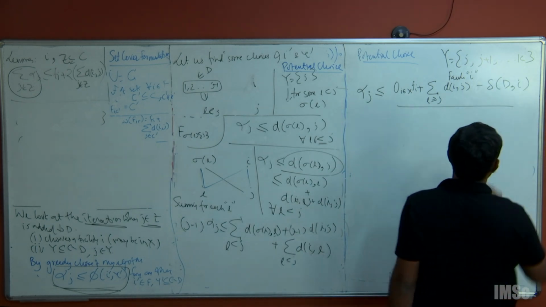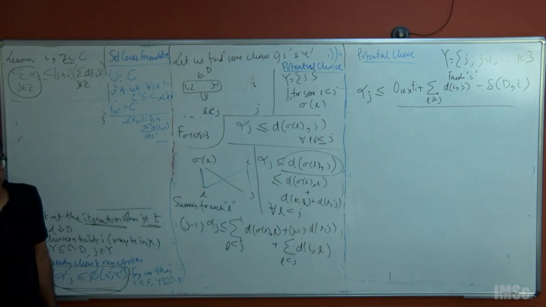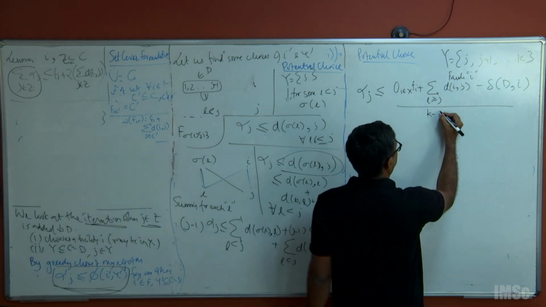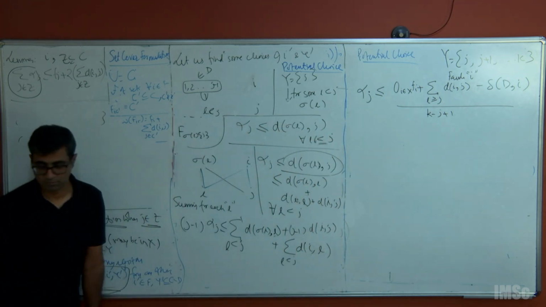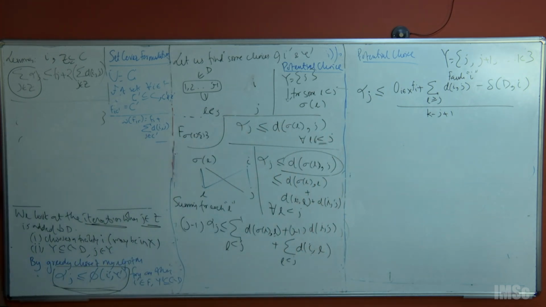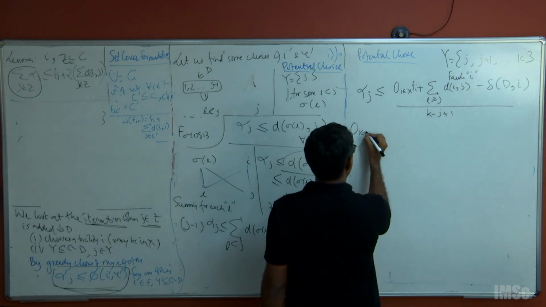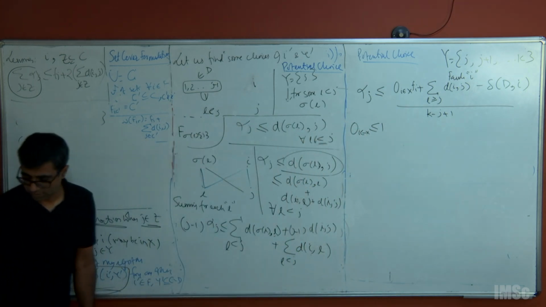And this should be divided by how much? What is the size of y here? I fixed y, no? It is k minus j minus 1. So what do you know? This function is less than or equal to 1. Do you agree to this?